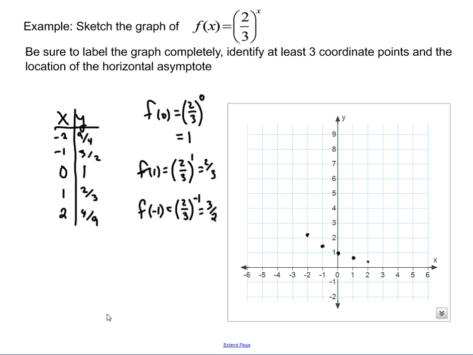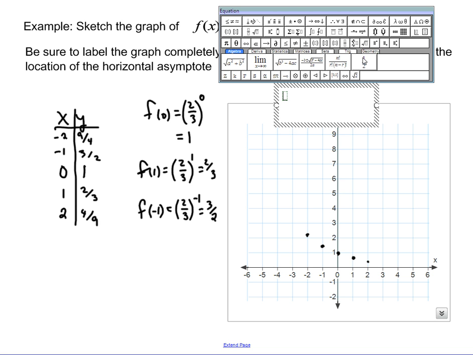And we can continue on in this manner just to see what's going to happen. I'm just going to go ahead and type this one in right here. I've got y equals the function 2/3 to the power x.